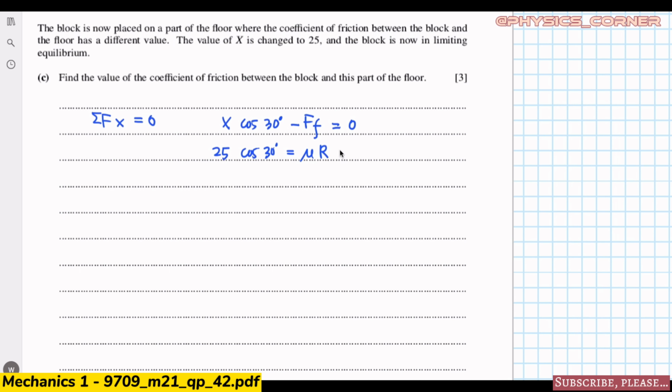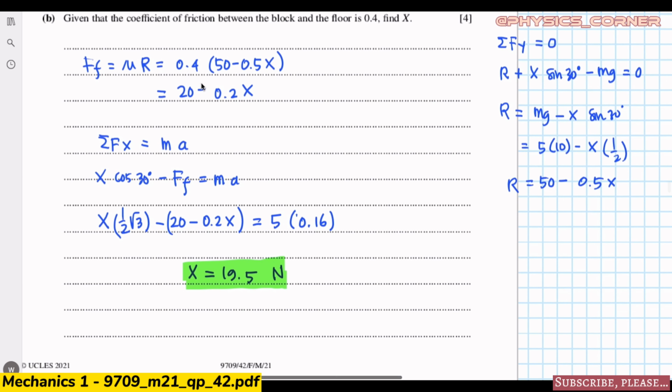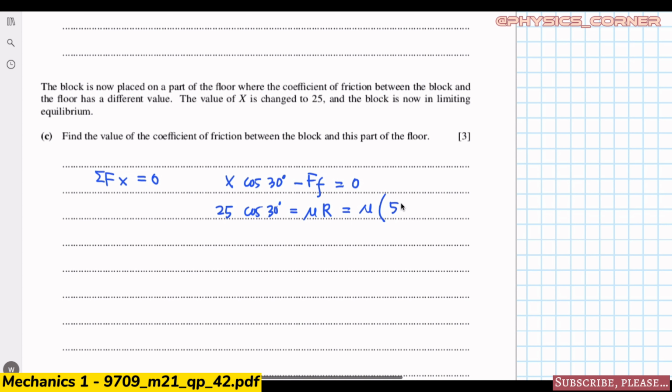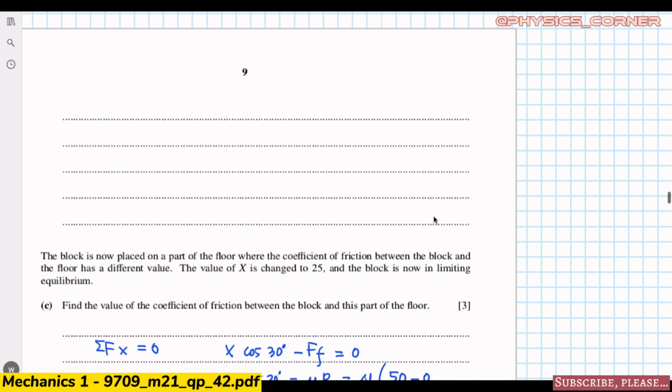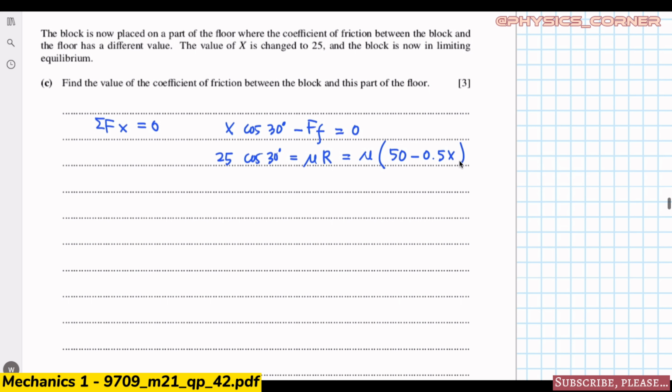So we will find mu. R is 50 minus 0.5x. Then 25 cos 30 is 25 times a half of root 3, and equals mu times (50 minus 0.5 times 25, since x changes to 25 here).